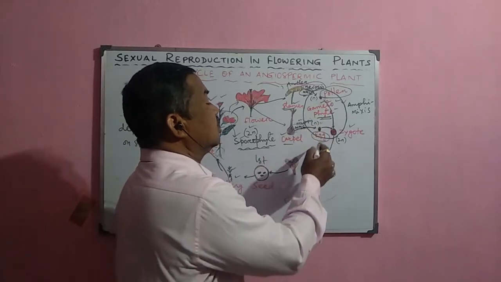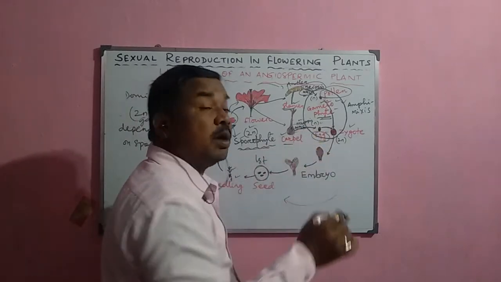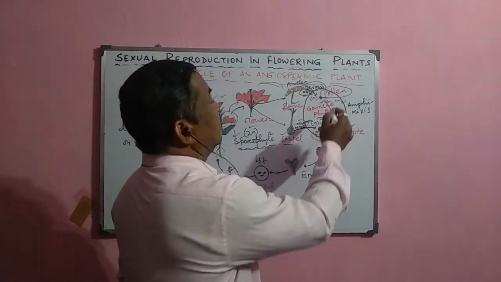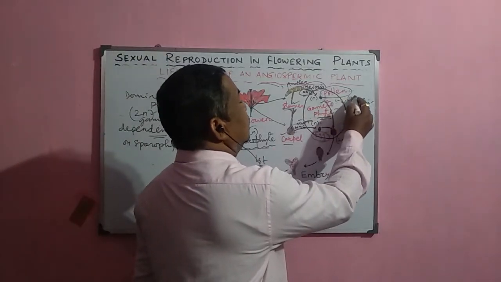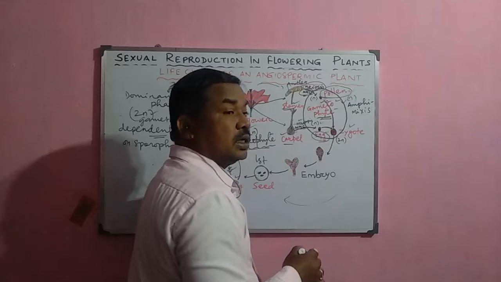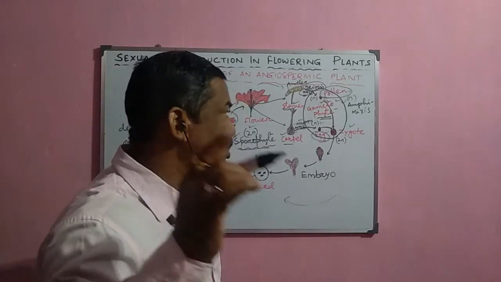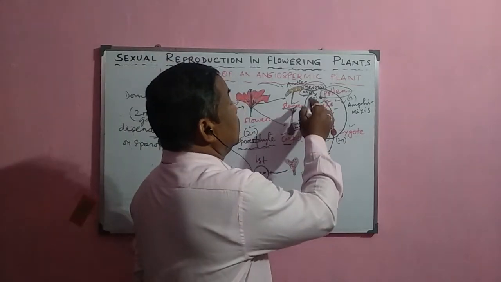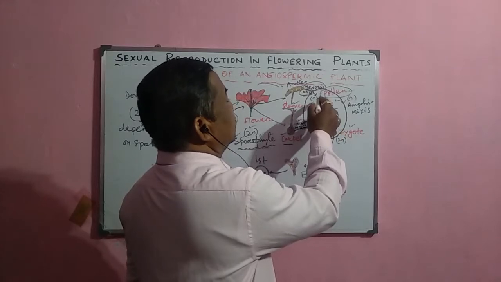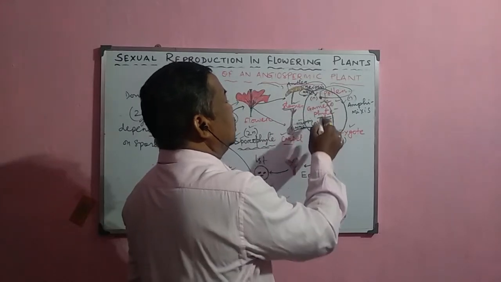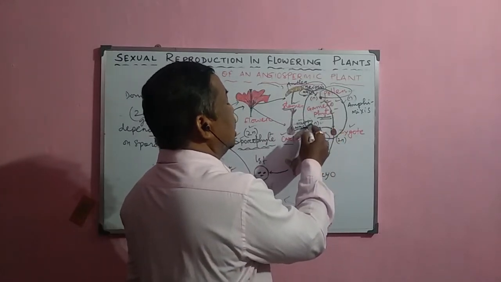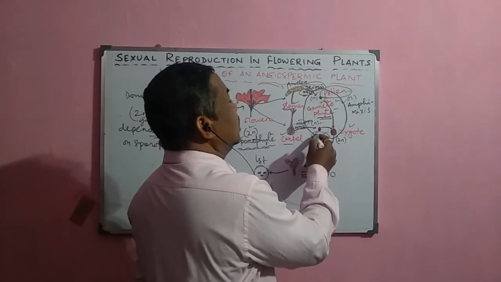The megaspore, or egg cell, is haploid in nature. The pollen is haploid, and the egg cell is also haploid. This gametophytic phase starts from the pollen, and here it starts from the megaspore, or the egg cell.